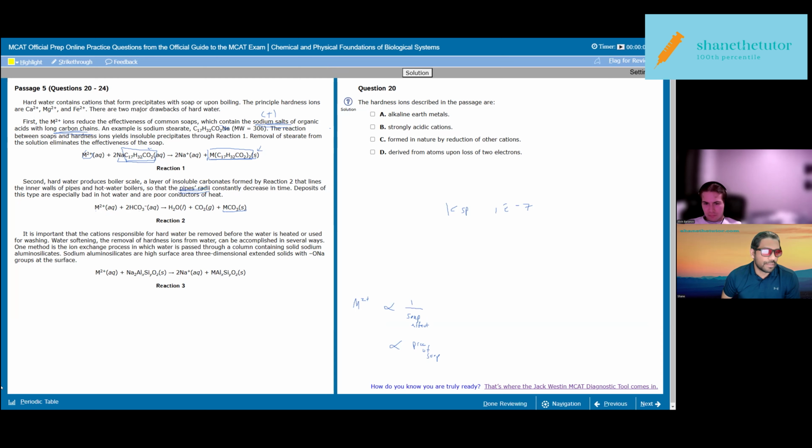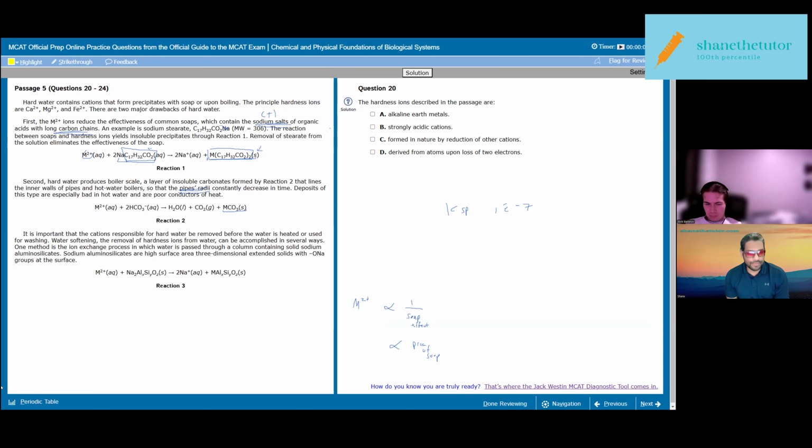Okay, deposits of this type are especially bad in hot water and are poor conductors of heat. It's important that the cations responsible for hard water be removed before the water is heated or used for washing.